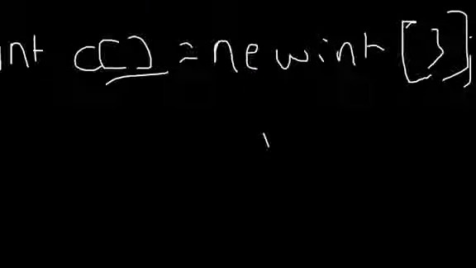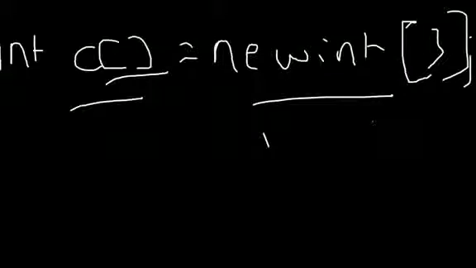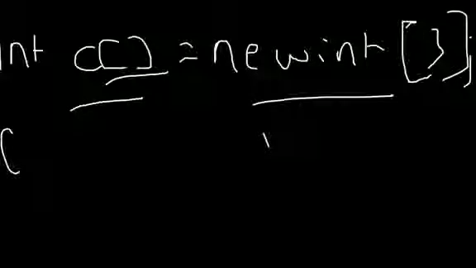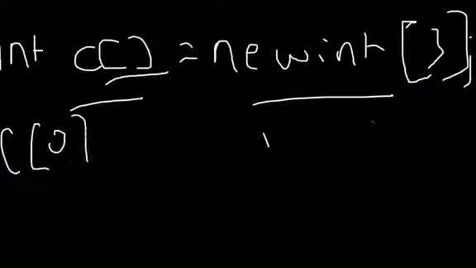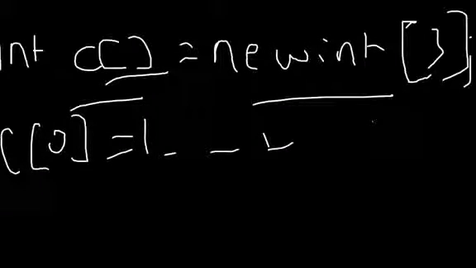Here you've declared it and allocated it in the same go, but you haven't assigned the elements to anything. So now you have to go like C0 is equal to 1, and so on. I'm hoping that you're understanding the gist of what I'm saying.